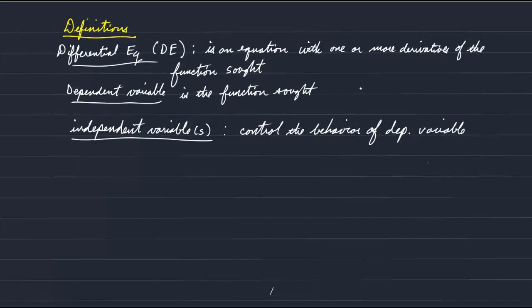In the previous example, the dependent variable was x, and the independent variable was t, time.